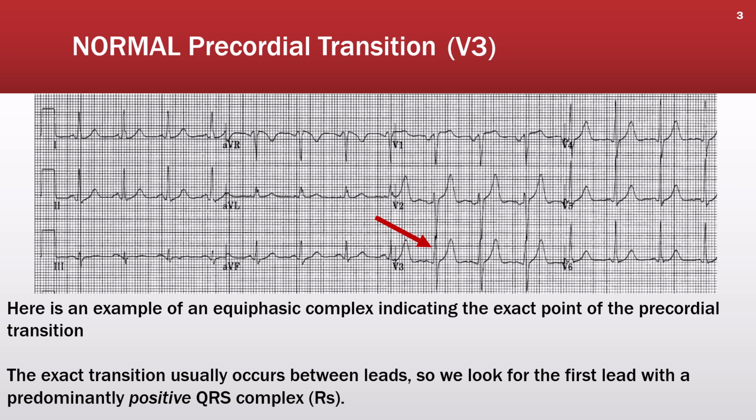However, these exact points, the equiphasic complexes, are usually located in between leads. So we don't normally see an equiphasic complex, but we have to look for the first lead with a predominantly positive QRS complex, a large R, small s.